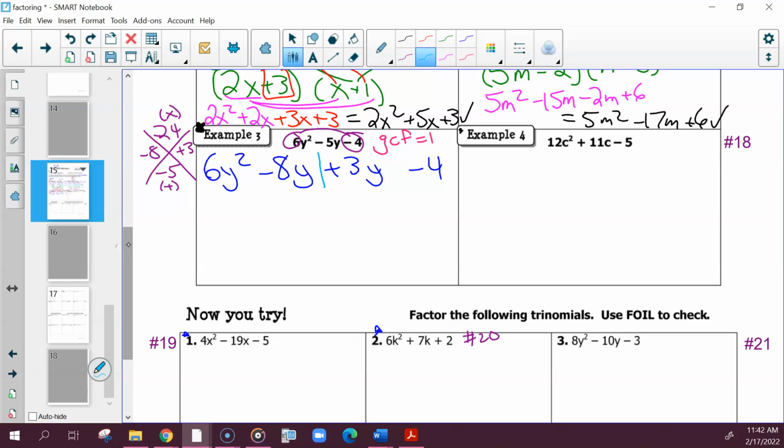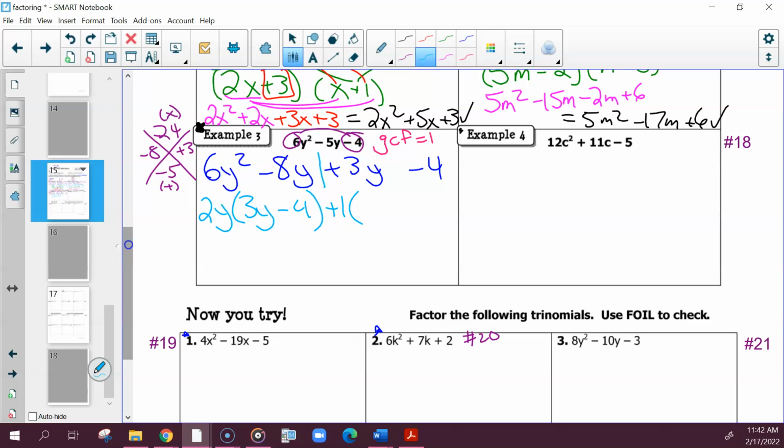What can we divide out of the first two? 2 and y. What would be left? 3y minus 4. What can we divide out of the second two? 1 is the only thing we could divide out because they don't have anything else in common.